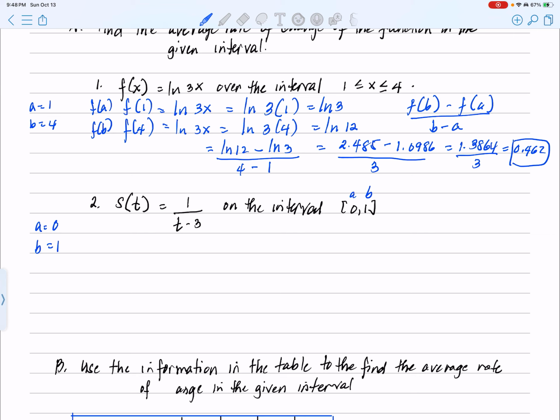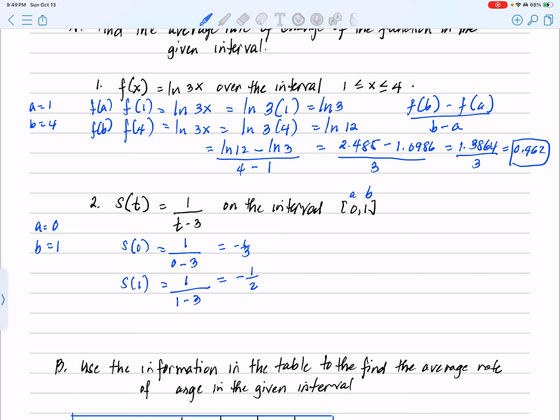Using the given function, I could plug in s of 0 as 1 over 0 minus 3, so I have a negative 1/3. When s of 1, that would be 1 over 1 minus 3. That is negative 1/2.